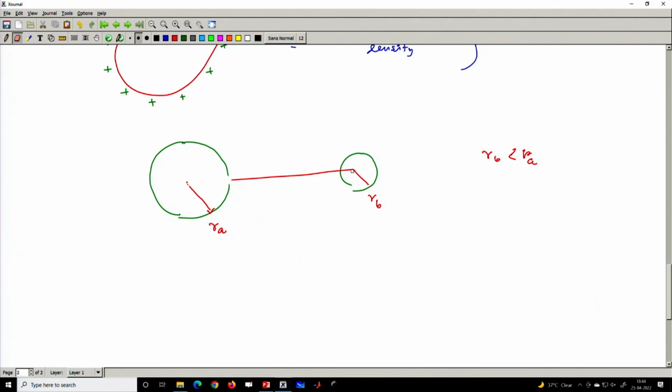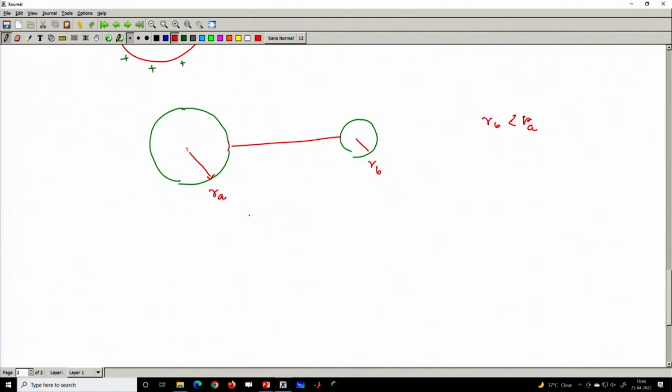Yeah. So, I already drew a line. Before joining these two conductors with a wire or something, I put a charge here.